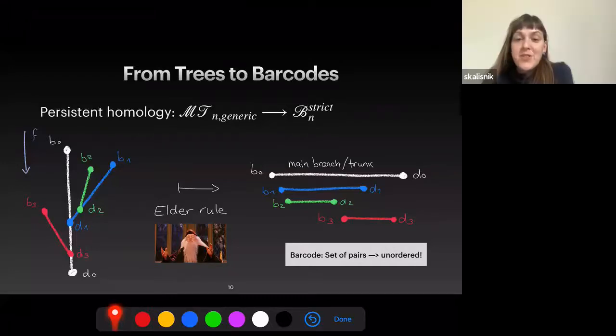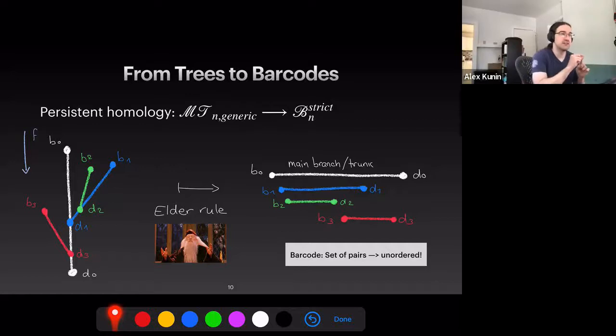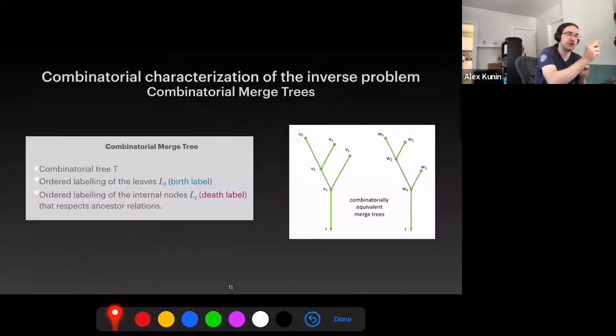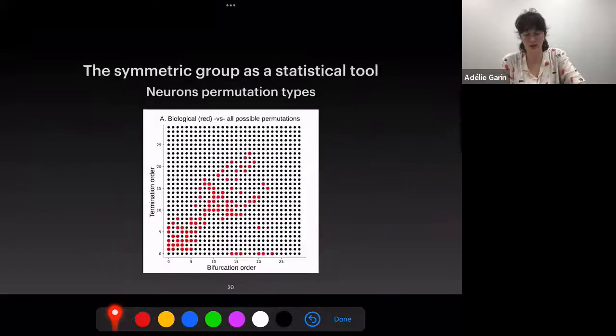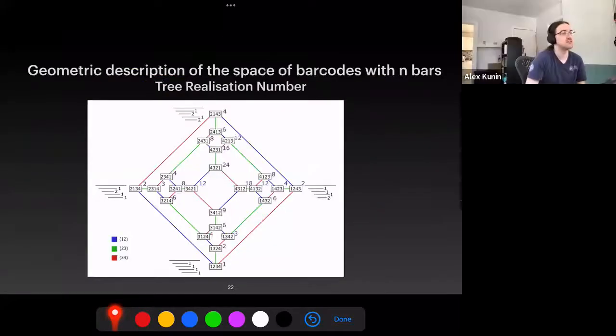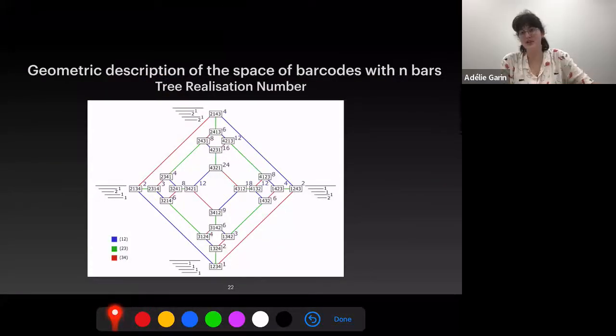Do we have more questions? I just had a real quick question. You mentioned that in the Cayley graph, the tree realization number was monotonic with some sort of order, and I just didn't hear which order. The Bruhat order. Oh yes. I think the simplest way to see it is as a monotonic path from the identity to the Russian doll, the 4, 3, 2, 1 permutation.